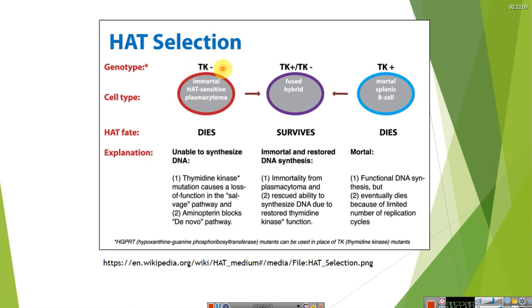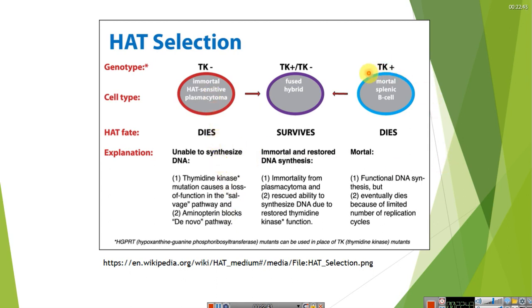So these thymidine kinase negative cells on HAT medium cannot carry out the salvage pathway because the enzyme that will form thymidylate is absent. And because we have added aminopterin in the medium, the de novo pathway will also not be possible. So these HAT sensitive cells die, because both pathways of nucleotide synthesis are not functional.